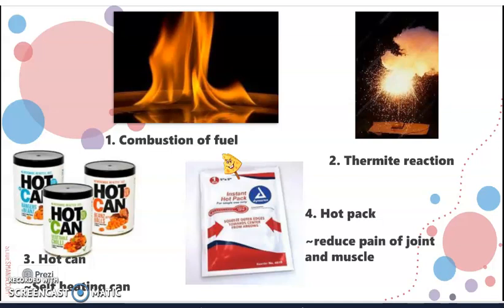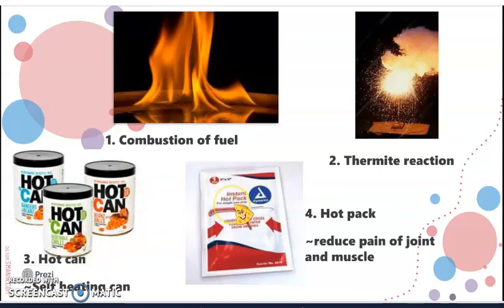The second application is thermite reaction. The third is hot can, self-heating can. Maksudnya makanan dalam tin itu boleh dimasak, boleh dipanaskan sendiri without the external heat, tanpa kita panaskan menggunakan haba daripada luar.